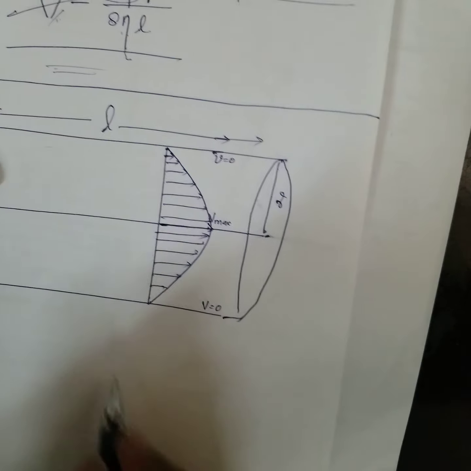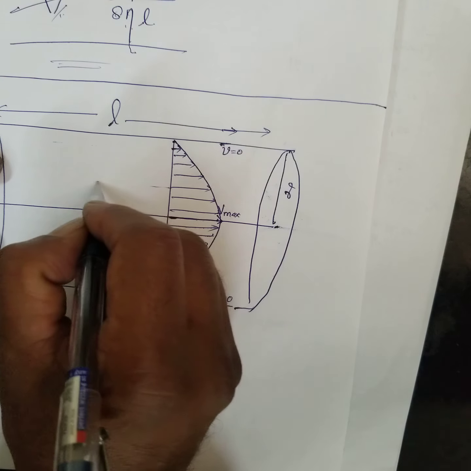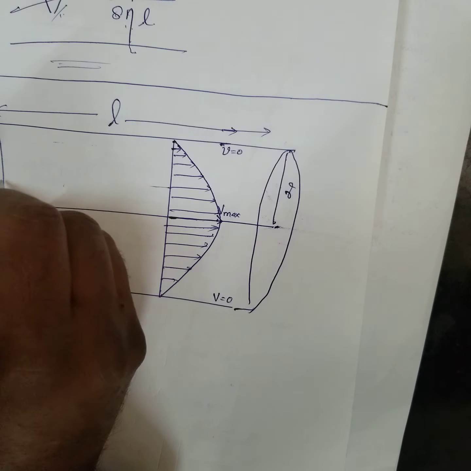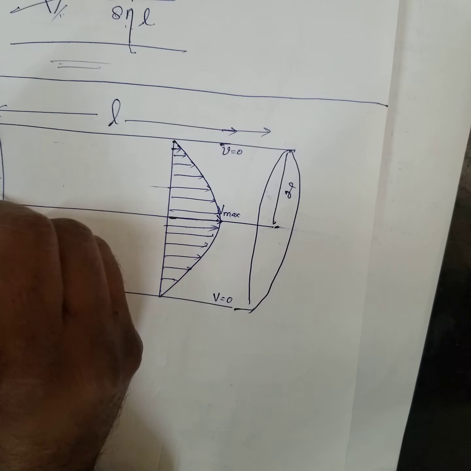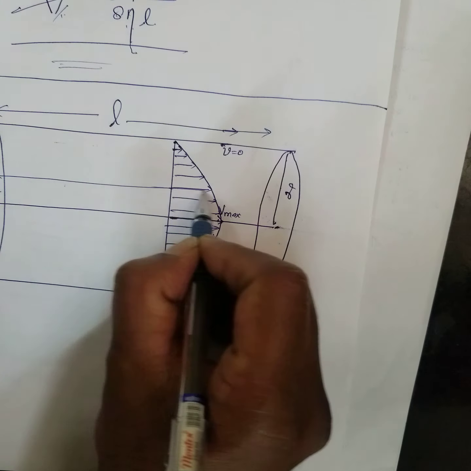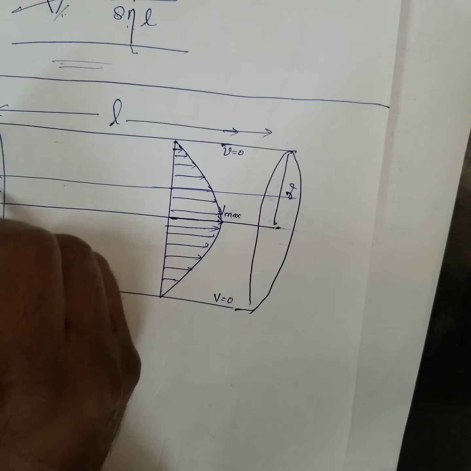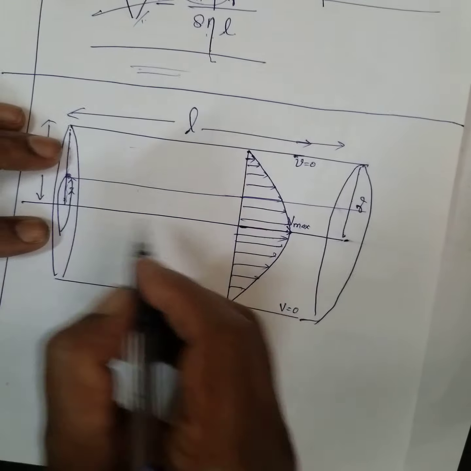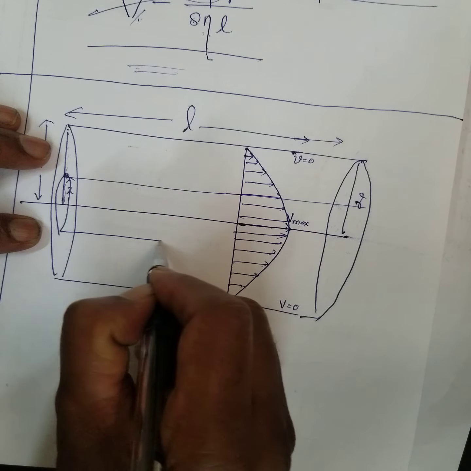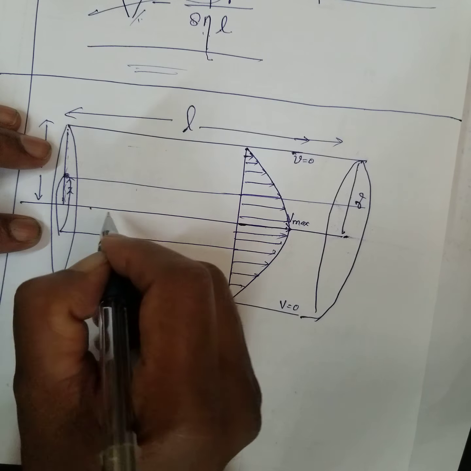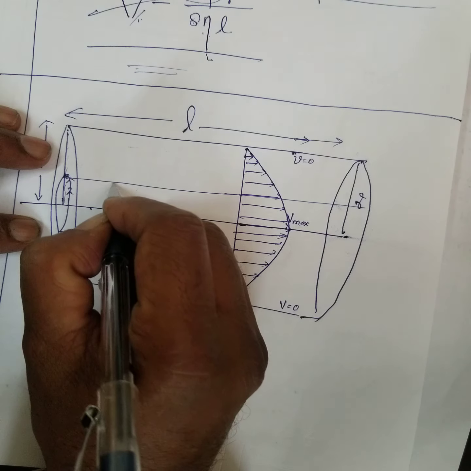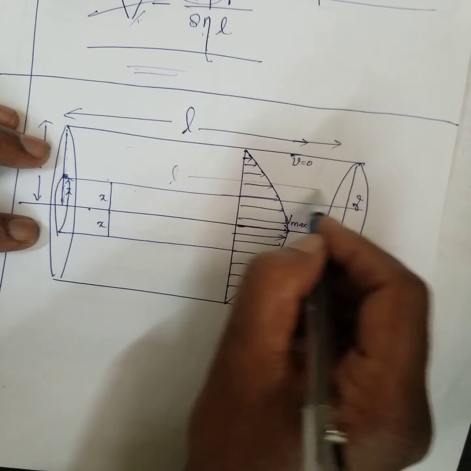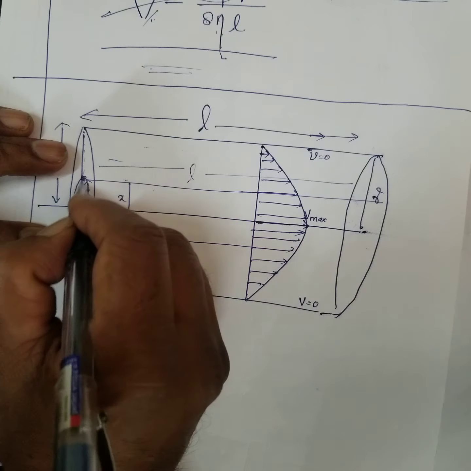Now I will consider some point P, which is at a distance of x. Now I construct a small cylinder whose radius is x and the length is L. Now what is the area of this?